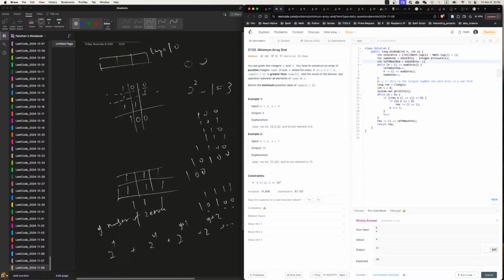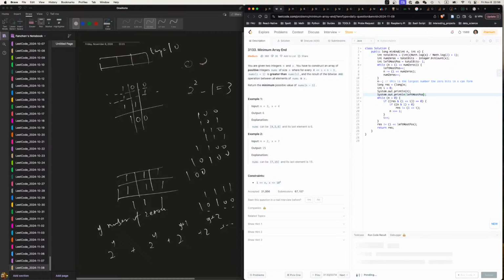Let's go back to this. What's the leftmost position? So leftmost position 0, 1, 2, 3. Leftmost position is 3.